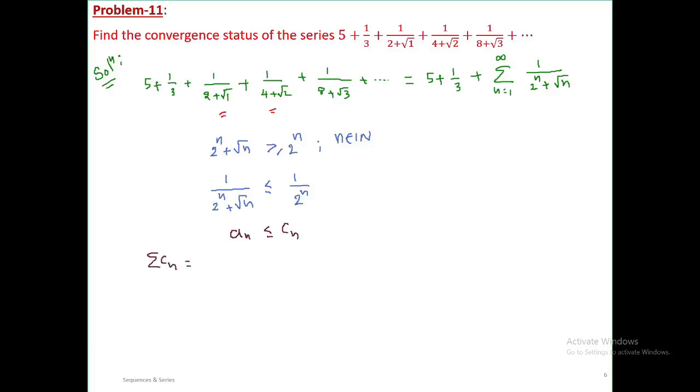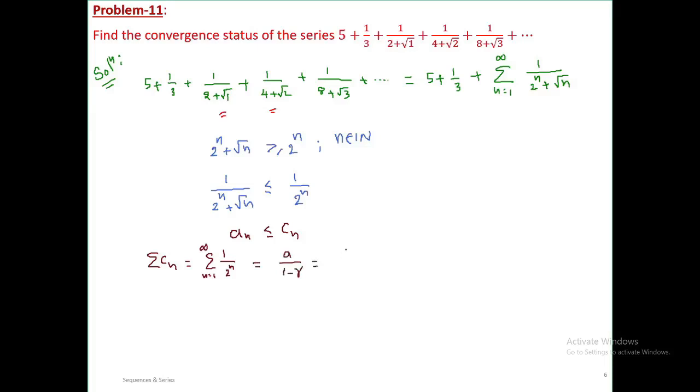Series c_n is equal to series 1 upon 2 power n, where n is running from 1 to infinity, because for this series n is running from 1 to infinity. Now this is a geometric series which converges to a by 1 minus r. Now what is a?